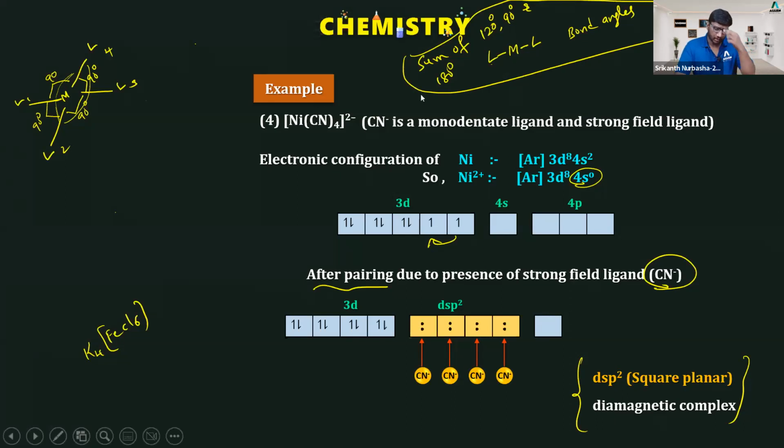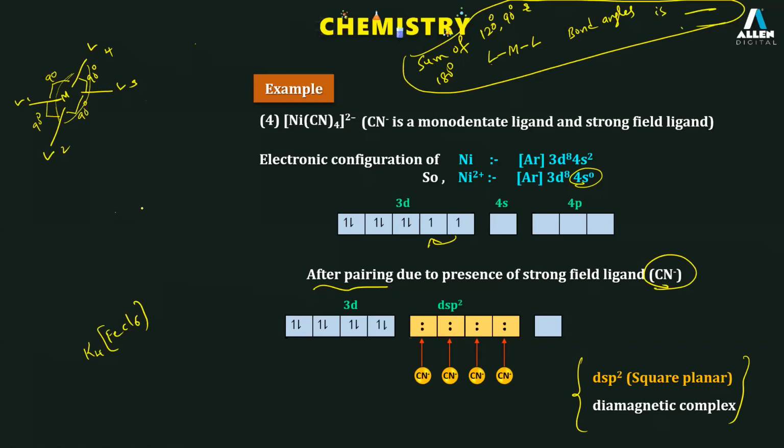It has 3 120, octahedral. Octahedral, no. Octahedral means we have 4 90 degrees, 6 90 degrees.